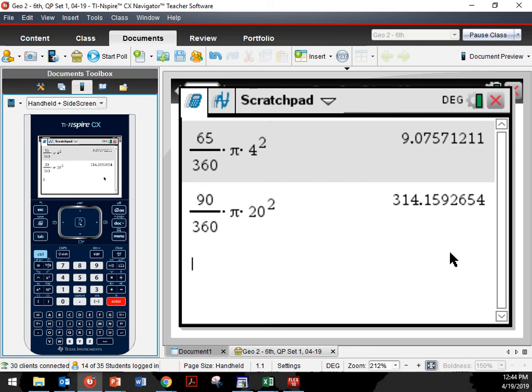And that's going to be in meters squared. I was right, just off by the decimal.